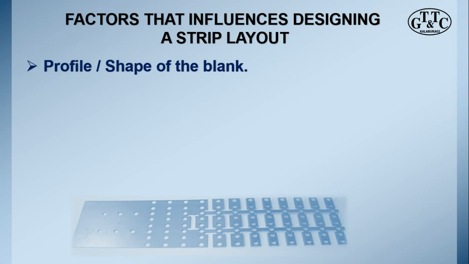For a different shape, a different layout has to be planned accordingly, or if there are piercing or blanking operations combined, then it has to be subjected to a sequence of a number of stages for a press tool for strip layout. So that's how the profile or shape of a blank influences the design of a strip layout.